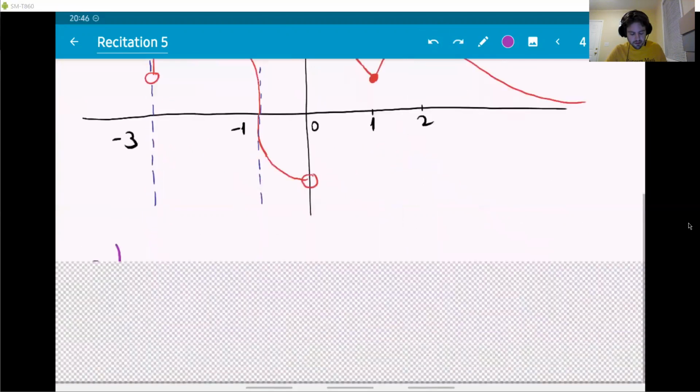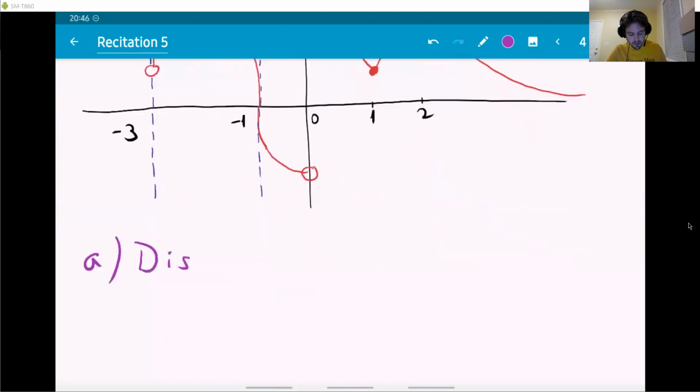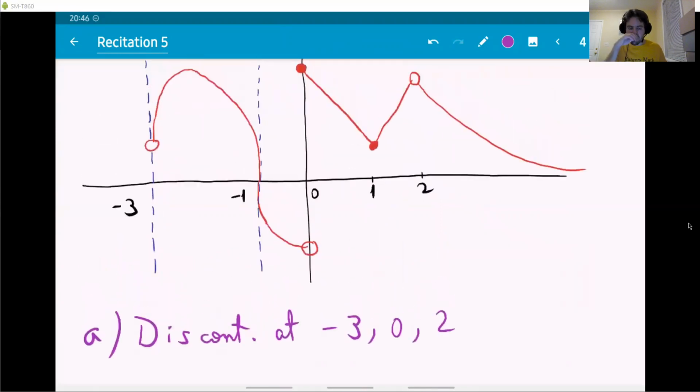So it's discontinuous at -3, 0, and 2. Just forgetting about everything before -3. We don't need to mention those because the graph doesn't even go there.